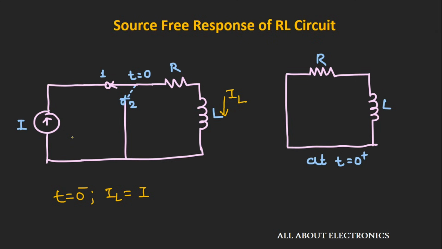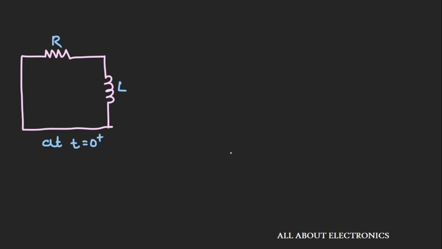Now we know that the inductor opposes the instantaneous change of current. So at time t is equal to 0 plus also, the value of this inductor current will be I. Now let us find out how this inductor current will change over a period of time during this transient. For that, let's apply Kirchhoff's voltage law inside this circuit. Let us assume that the current I is flowing inside this circuit, VR is the voltage across this resistor and VL is the voltage across this inductor.